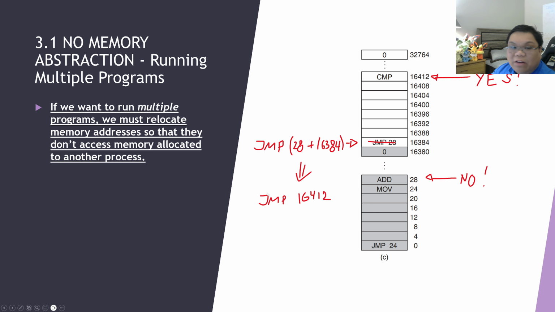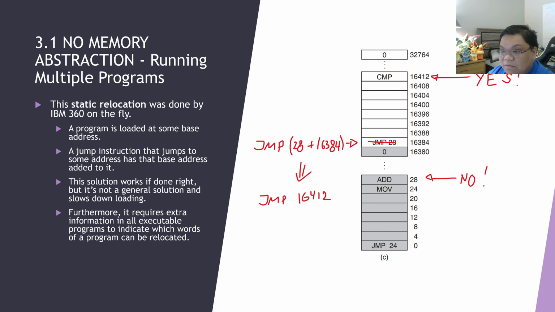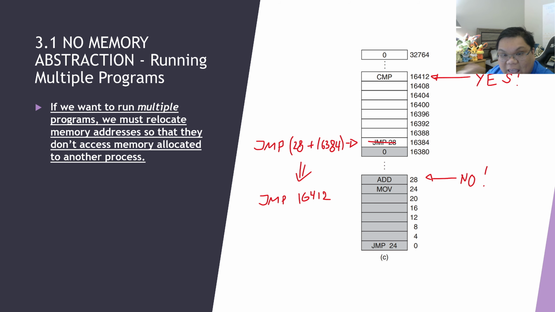So really, there are two problems we need to solve if we want a computer system to run multiple programs. The first one we just saw earlier was protect processes from other processes. The other one is relocate memory addresses.